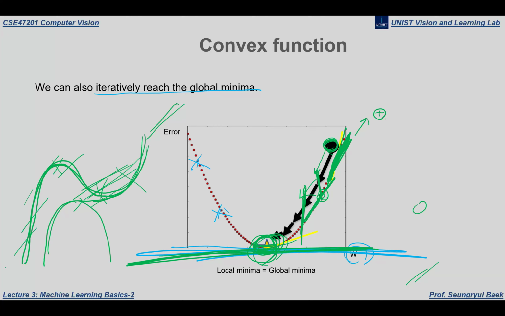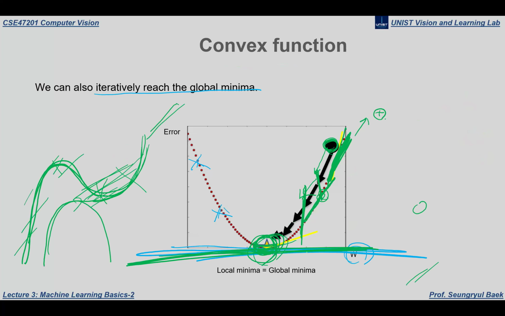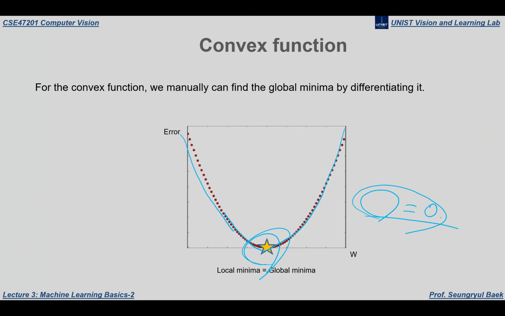Anyway, in practice this also works for complex functions, not merely for this kind of quadratic function. For other complex functions, this gradient descent algorithm works well. So we are using this to optimize this type of formula.